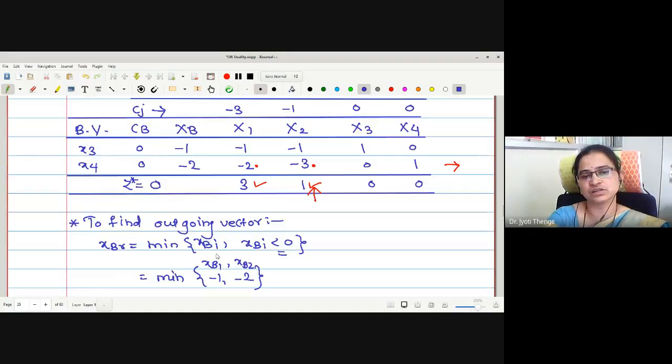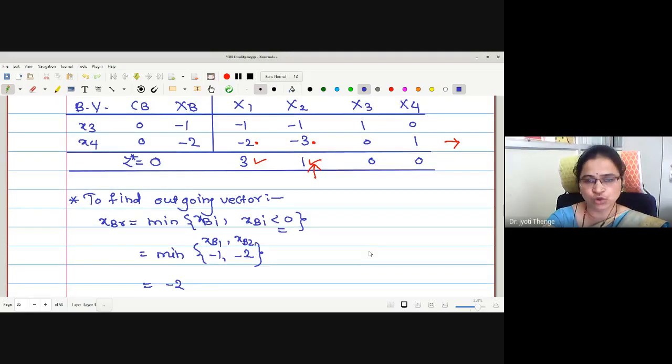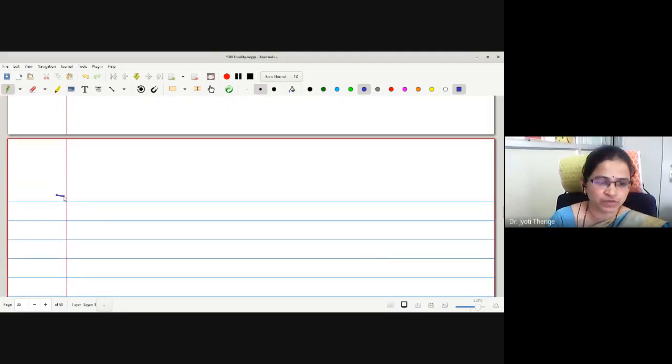Therefore, which variable leaves the basis? X4 leaves the basis. Now we have to look at the elements in the second row. What are the elements in the second row? Minus 2, minus 3, 0 and 1. Out of those, we have to take care only of the negative entries. And for those negative entries, we have to calculate the ratio in order to find out the incoming vector.